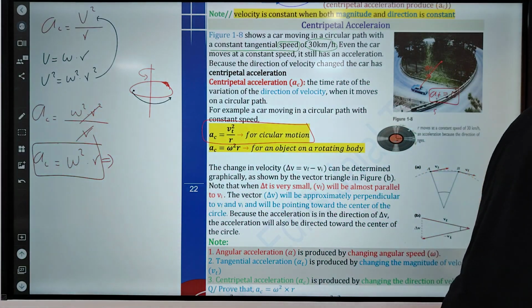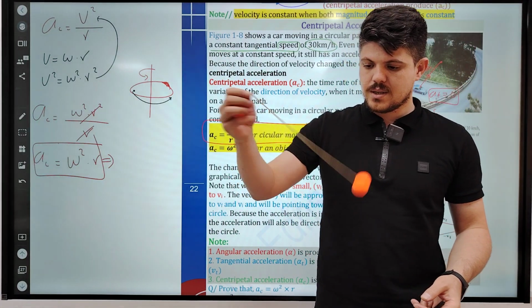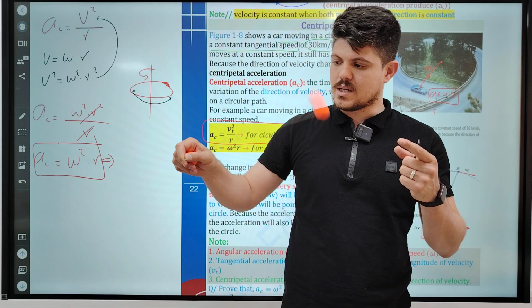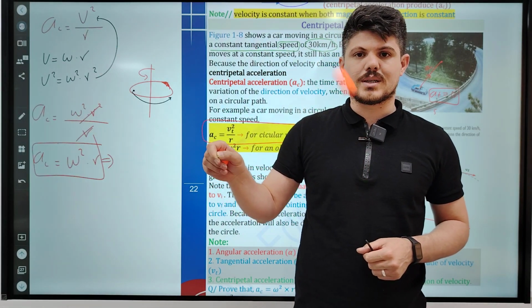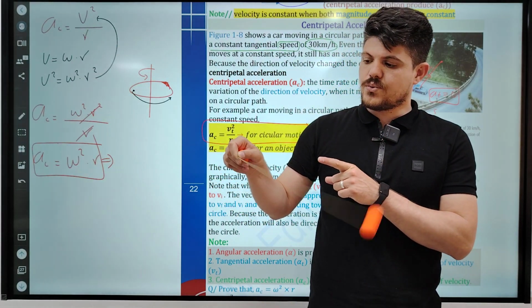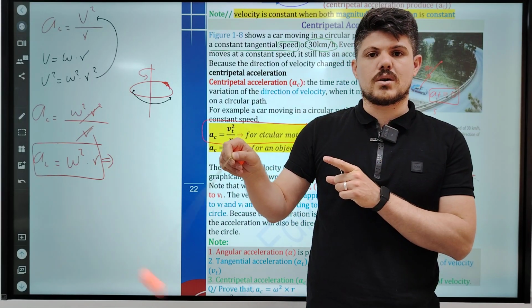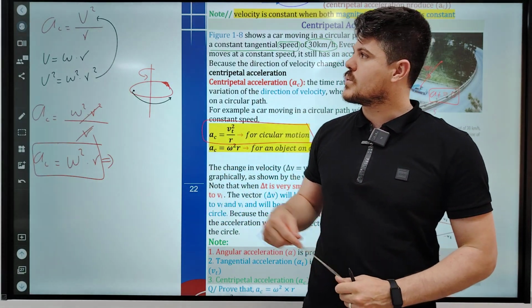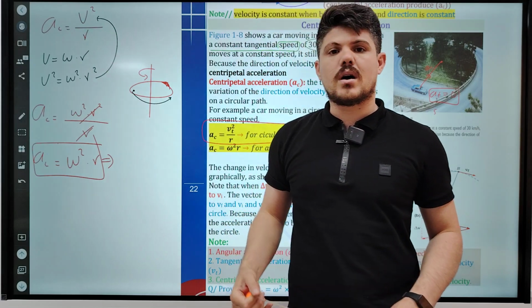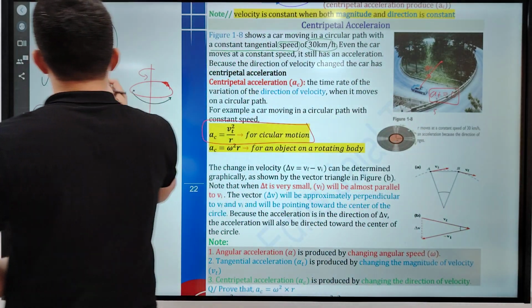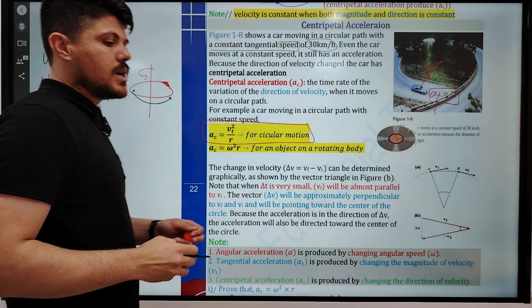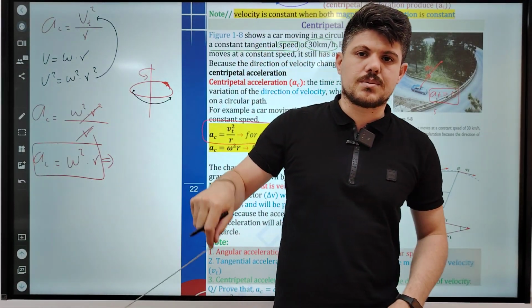Okay, so for example, if we have an object tied at the end of a string and whirled in a circular path, how can you find the centripetal acceleration of this object? By using this equation: a_c is equal to v squared over R. What is this v? This is tangential speed, because this ball has tangential speed.